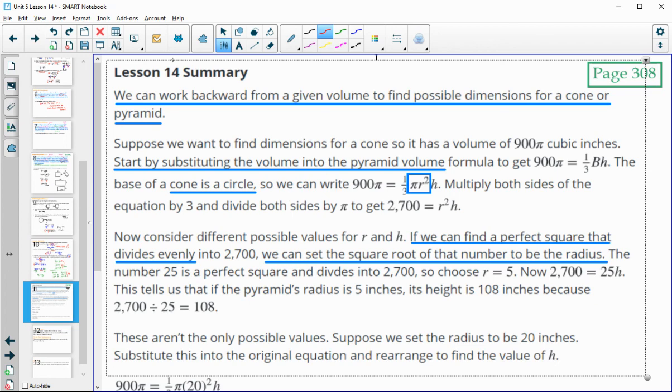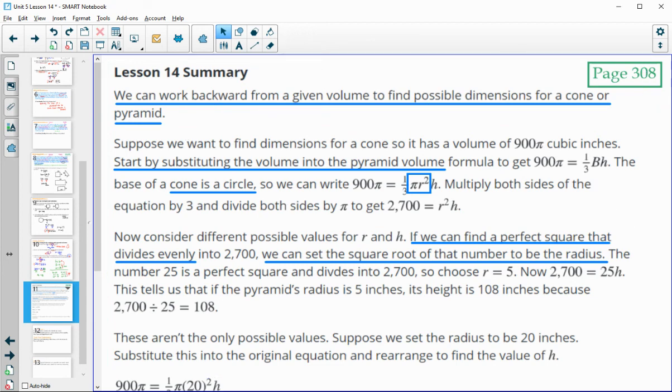All right, so the summary is on page 308. So we can work backwards to find possible dimensions of a cone or a pyramid. Remember that for a cone, the area of the base is pi r squared. So you could plug that in for the B and then work your way backwards.